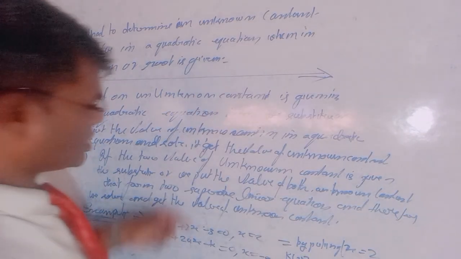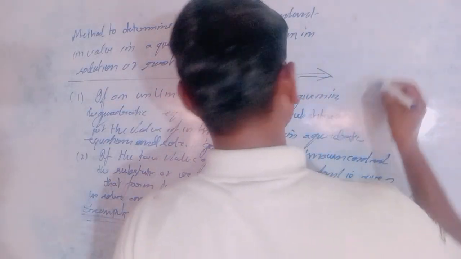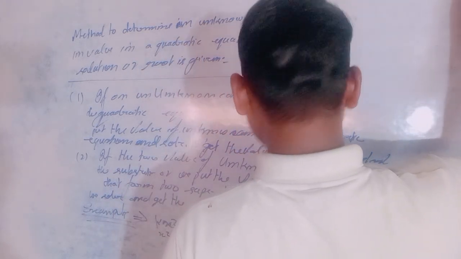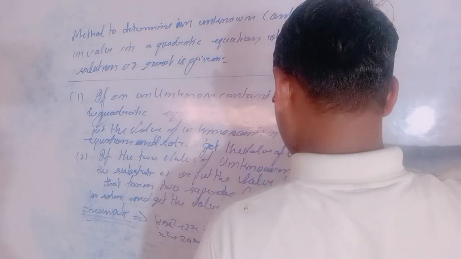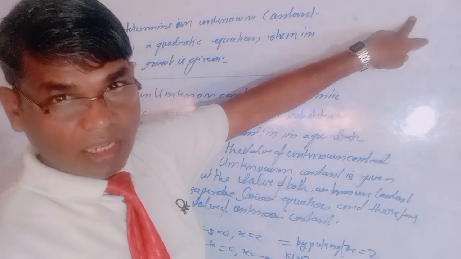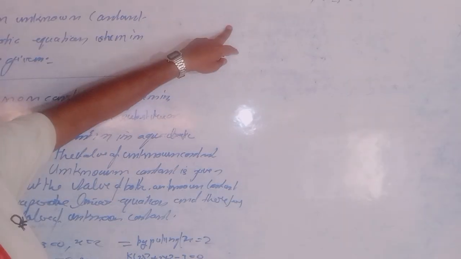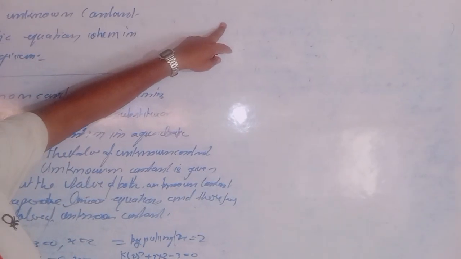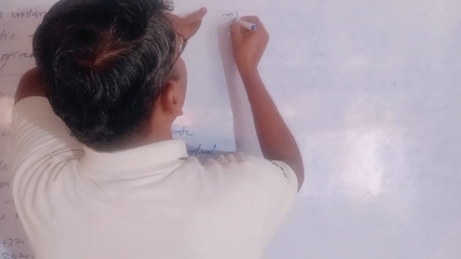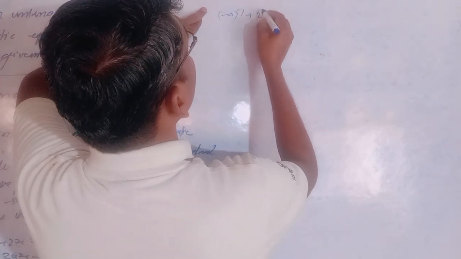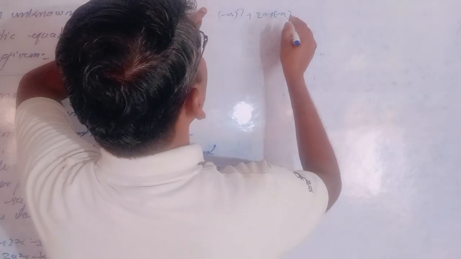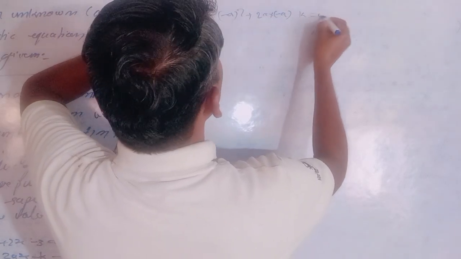Now the second question. Here is given x square plus 2ax minus k is equal to 0, and the value of x is minus a. Substitute the value in the given equation. So we will write a square plus 2a into minus a minus k is equal to 0.